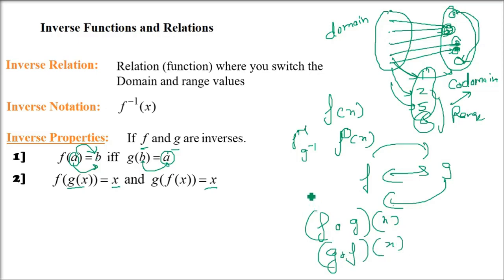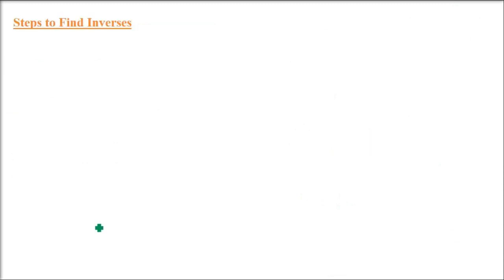So f o g of x and g o f of x, basically you are finding f of f inverse. We're just saying g is f inverse. So f o g of x should be x, and f inverse composed with f should be x.